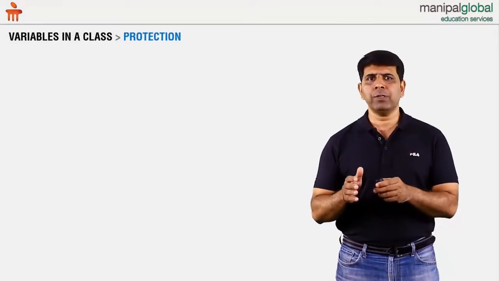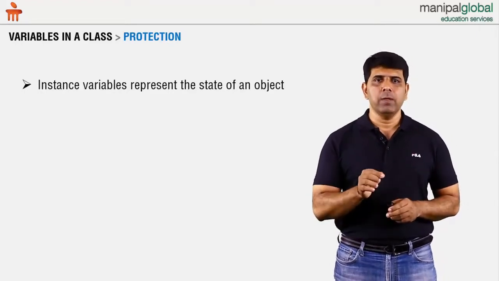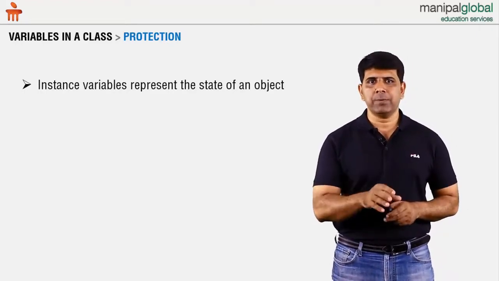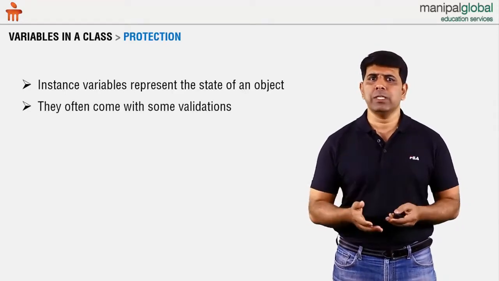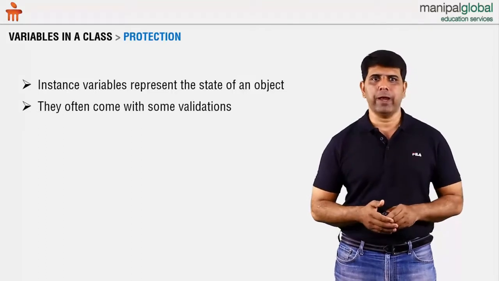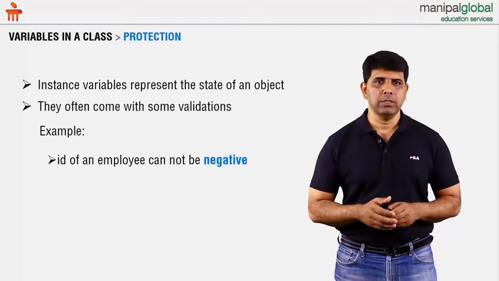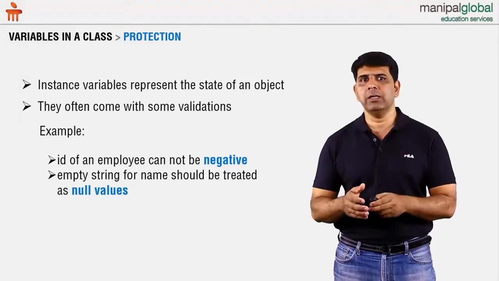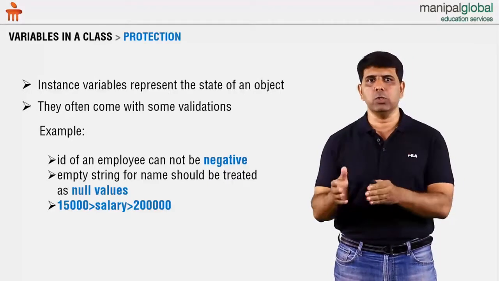Now often we would like to protect the values of a variable. The reason is they represent the state of an object and they always come with some validation. For example, the ID of an employee cannot be negative. Salary cannot be outside a range like 15,000 to 2 lakh.